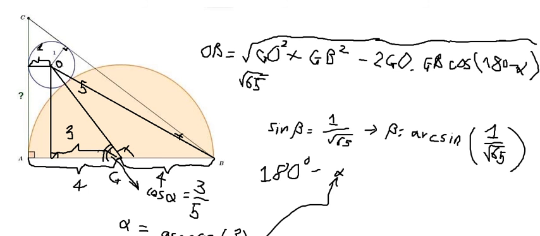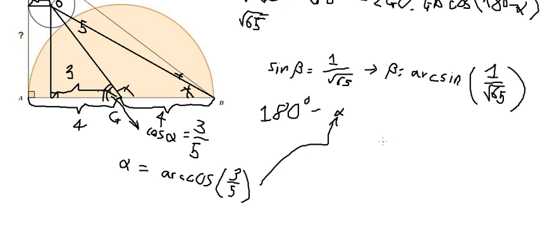Now let's go to this triangle OGP. We want to find this angle here. I call it gamma.